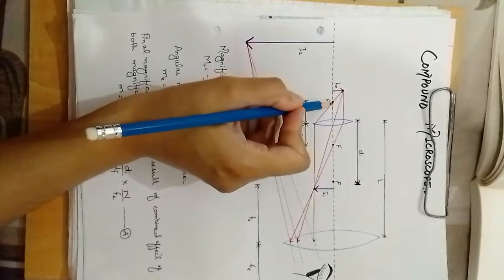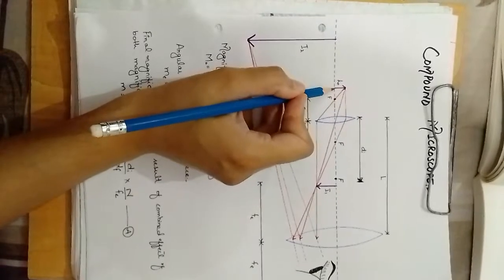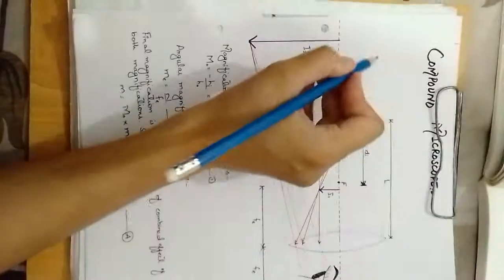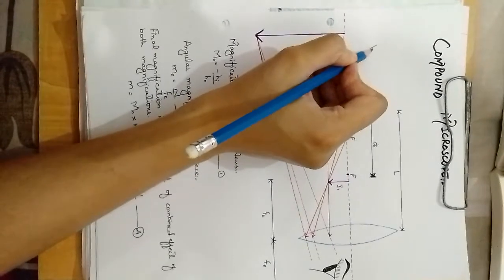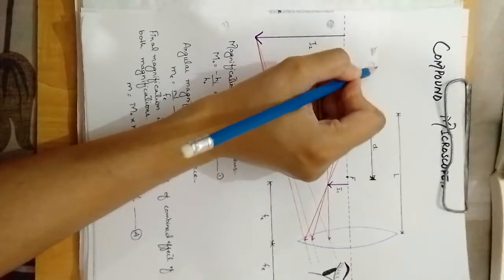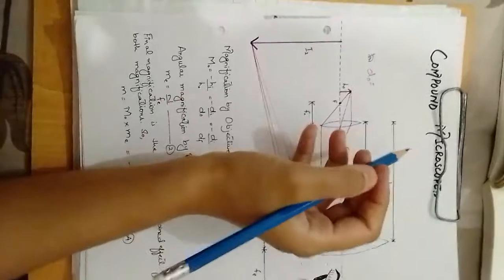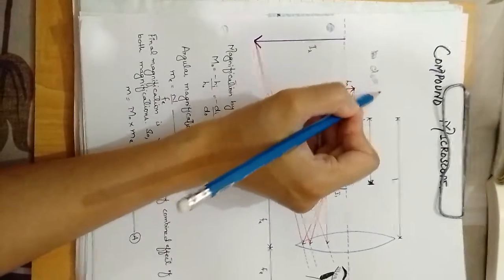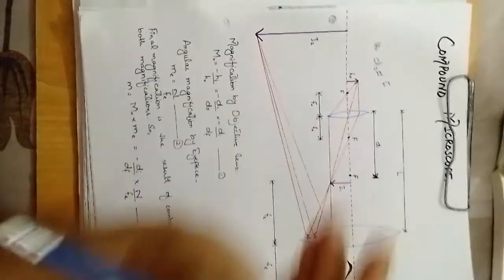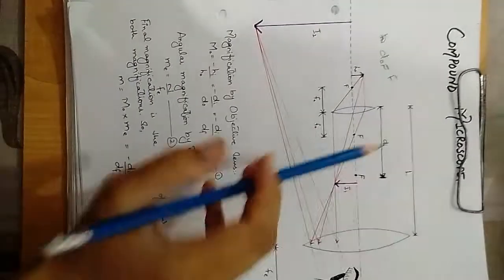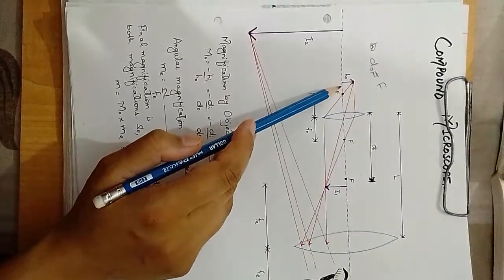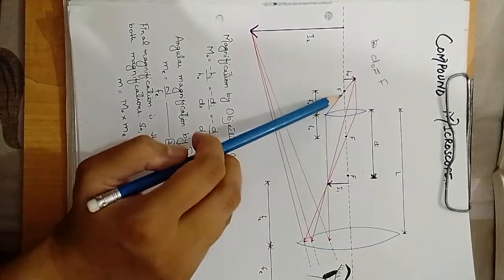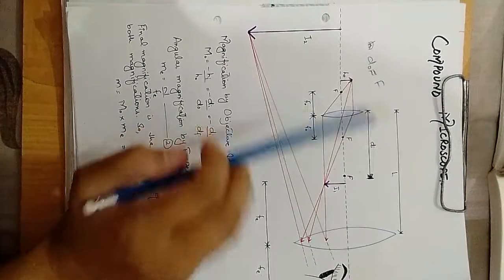The focus point and the object should be very close to each other, such that DO is almost equal to F. We place the object such that its distance from the lens is almost equal to the focal length.